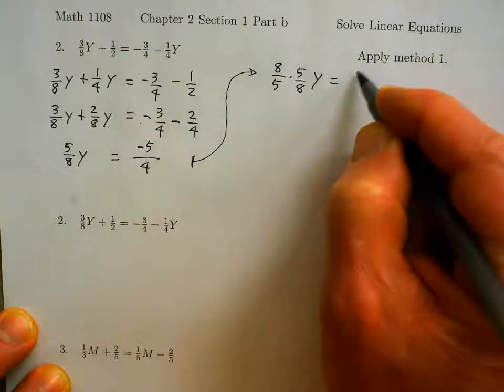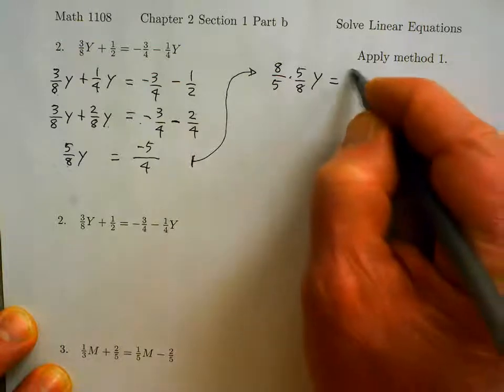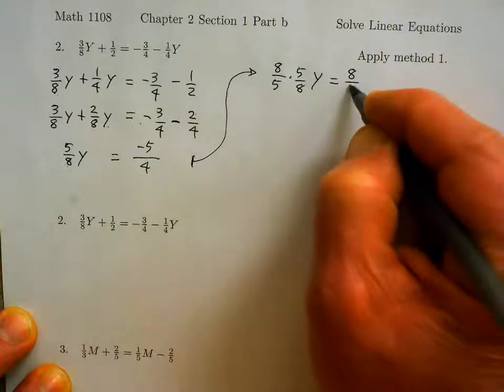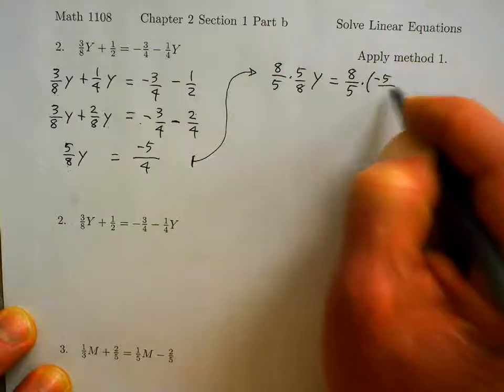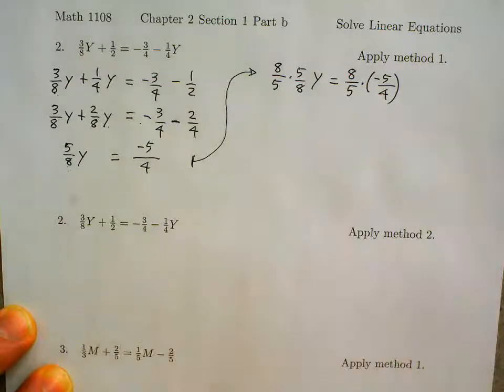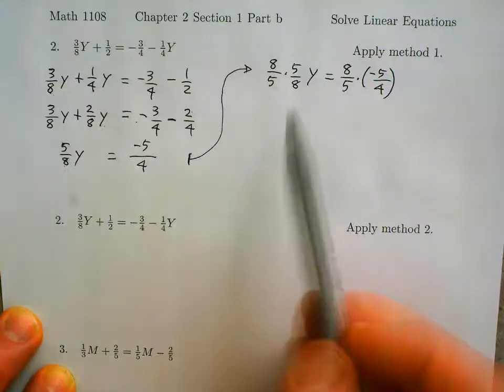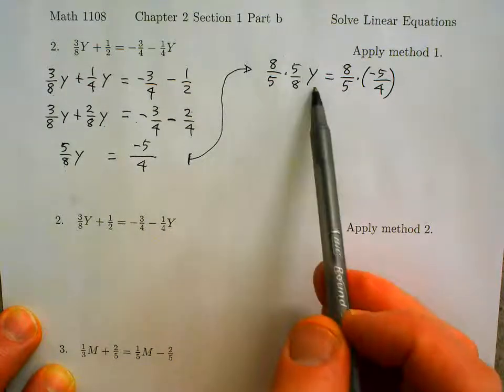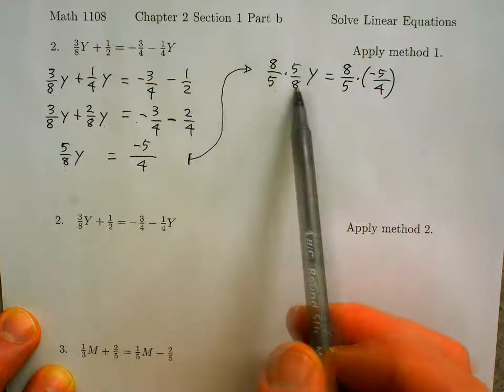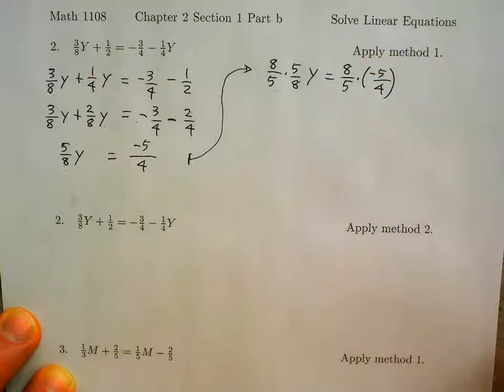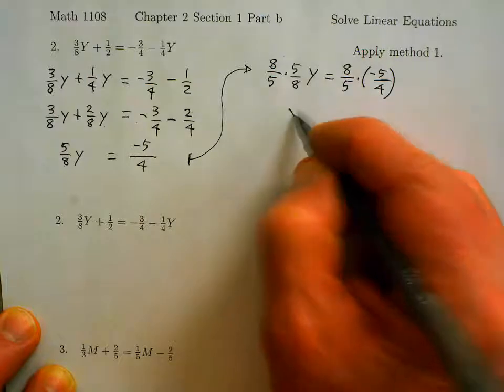So whatever legal thing you do to one side of the equation, you must do to the other side also. Okay, so 8/5 times 5/8 times y is 40 divided by 40 times y, but 40 divided by 40 is 1, so we get 1y, or just y.